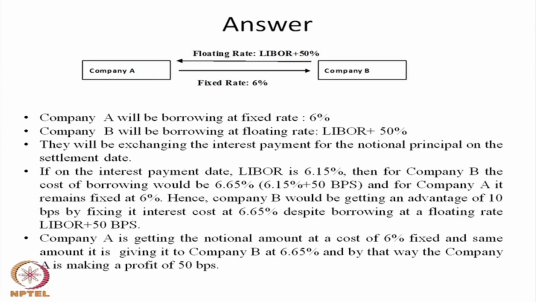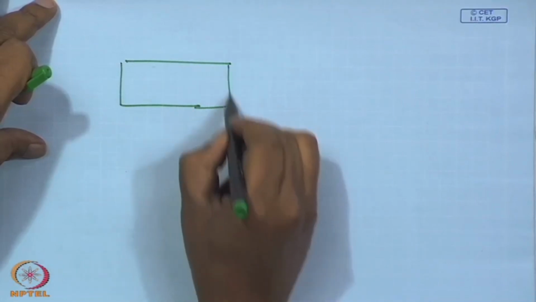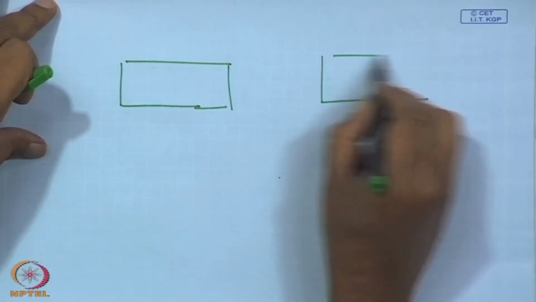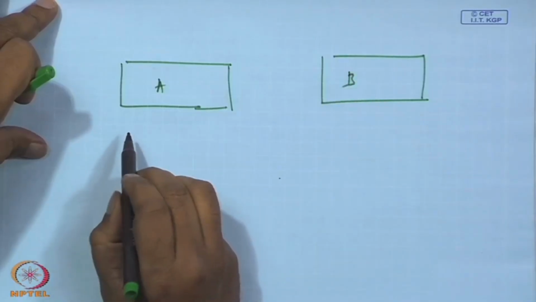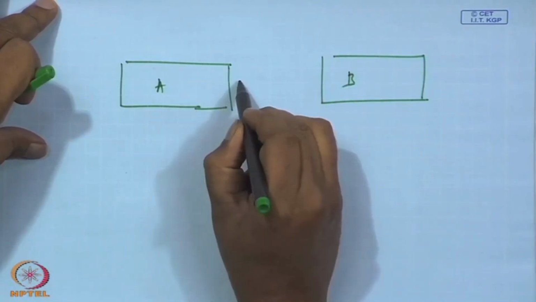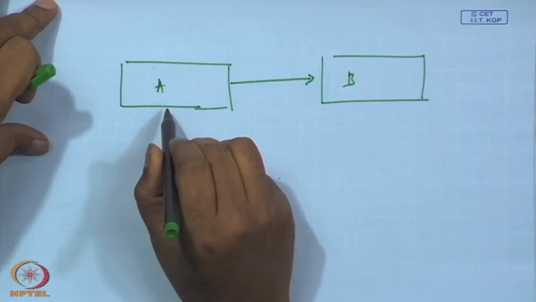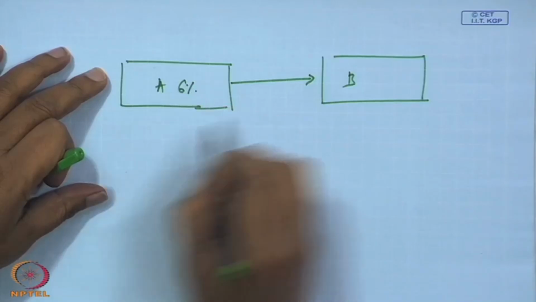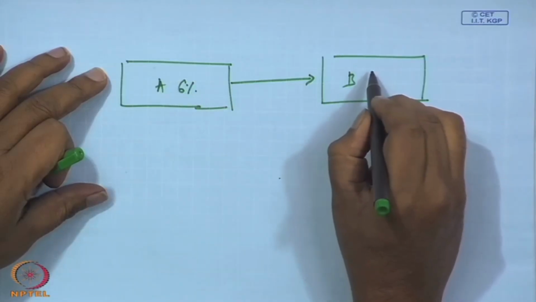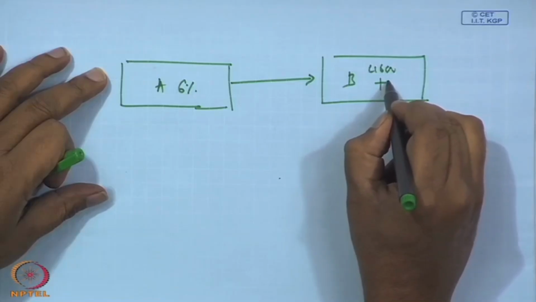Suppose, what is the transaction side here? If you see company A and company B, what will take place here? Company A will borrow from the market at 6% and company B will borrow from the market at LIBOR plus 50 basis points.